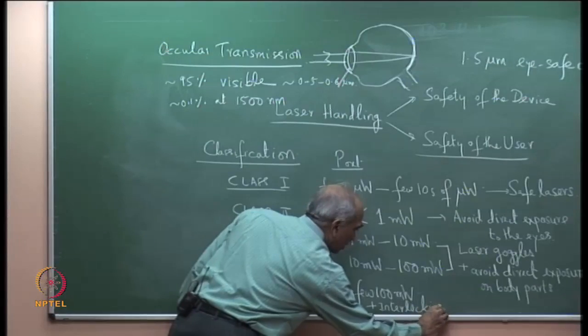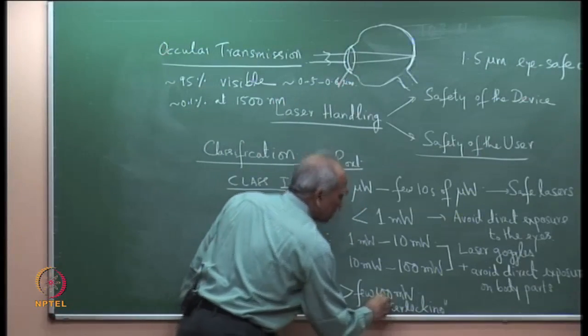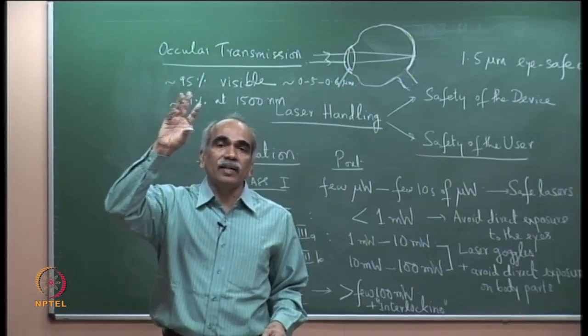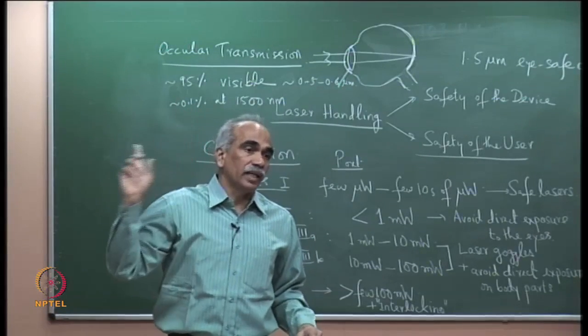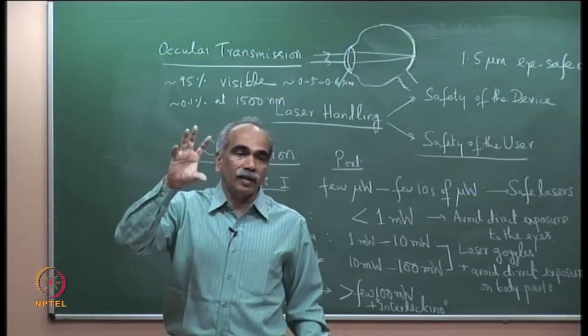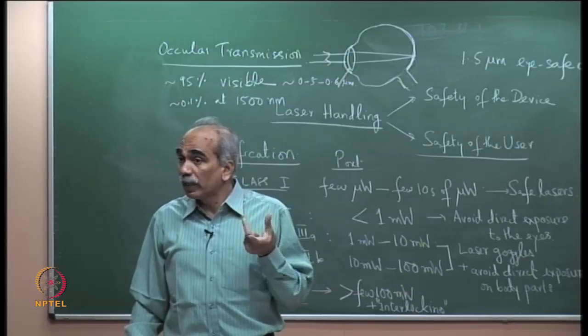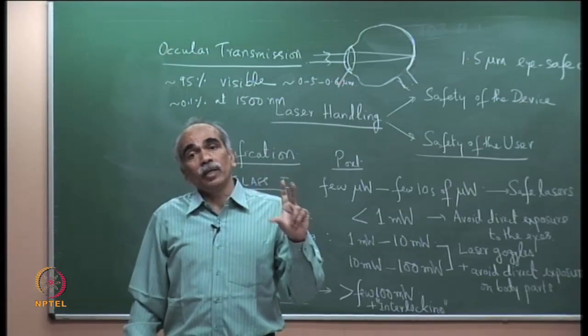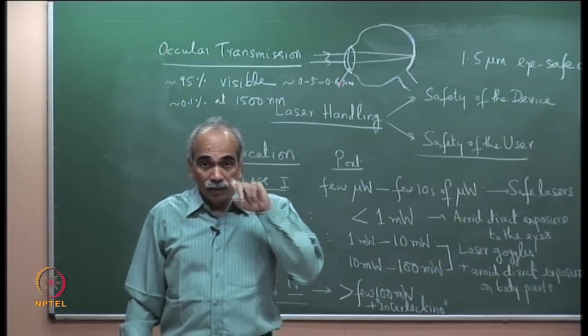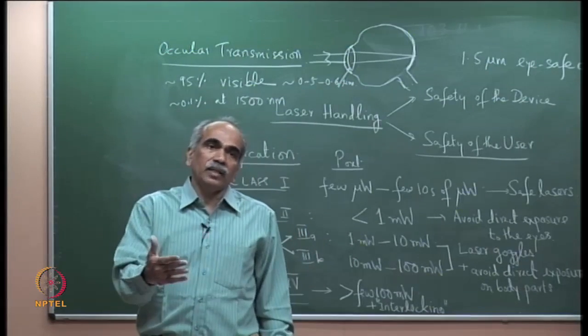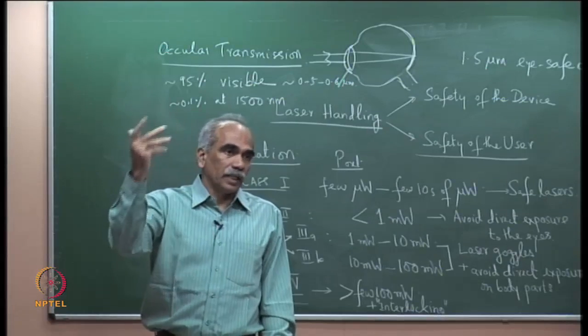What is this interlocking that I am referring to? You are working in a laser lab, there has to be a red light, blinking red light. If the laser is on, there has to be a red light which is blinking. Such class 4 lasers, these are requirements by law, that there has to be a red light blinking, which means any user or any visitor cannot enter that lab when the red light is blinking.